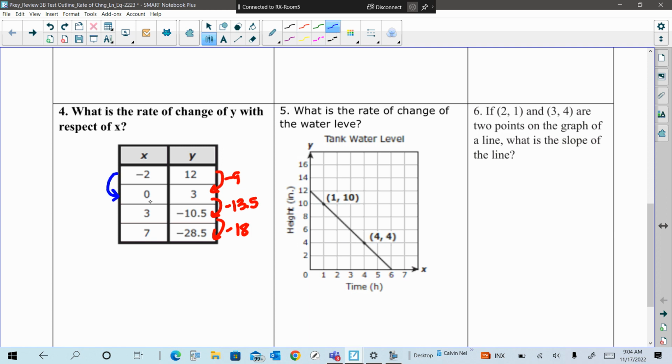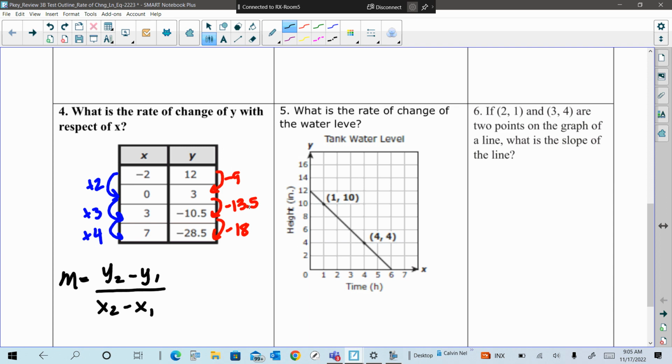Even here, there are different numbers. From negative 2 to 0, that's plus 2. But then 0 to 3, that's plus 3. And then 3 to 7, that's plus 4. So what I would say is use your formula, y2 minus y1 over x2 minus x1, and then just pay attention, guys.